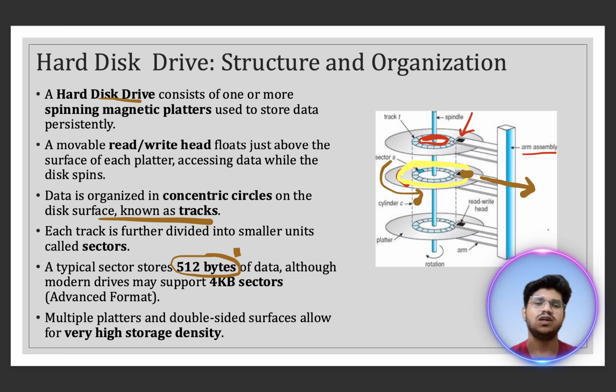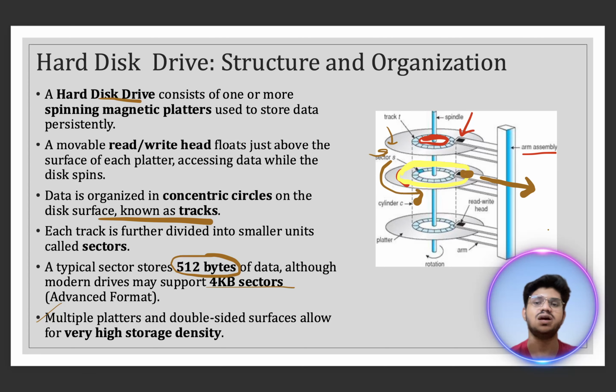Okay, but in a typical kind of hard disk, the size is around 512 bytes, and modern drives can support 4 KB sectors also. Okay, and platters have double-sided surfaces, as I told, that in this top surface also and this bottom surface also, in both surfaces the data are stored.